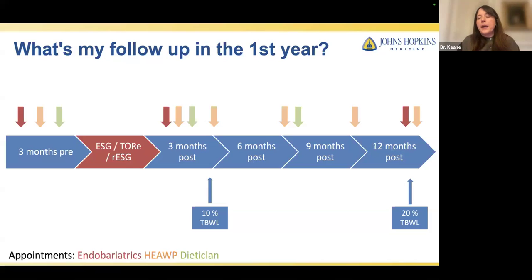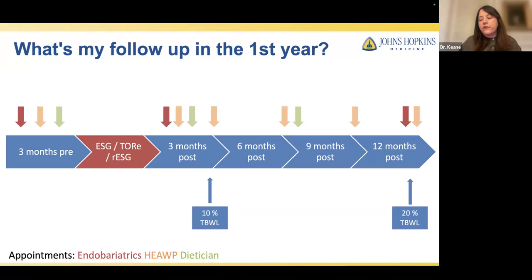And this is what we expect that your first year will look like. So before the procedure, you'll be carefully assessed by myself or by Kristen. If you're going ahead with the procedure, we'd also ask that you see the medical obesity specialist in the HEAP team. We'd also ideally like you to see the dietitian. We then schedule the procedure, do that, and then we will see you very carefully, up to probably 10 visits during that first year after your procedure.